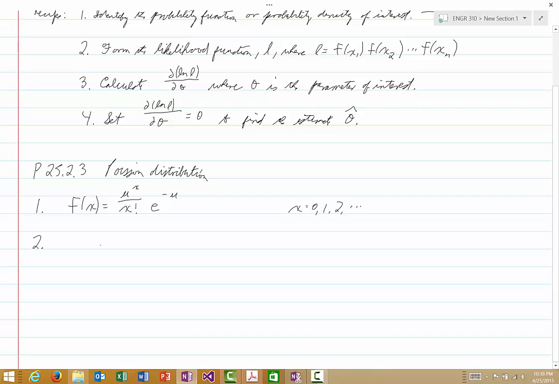Number 2, we form the likelihood function L, where L is equal to f of x1 times f of x2 dot dot dot f of xn.